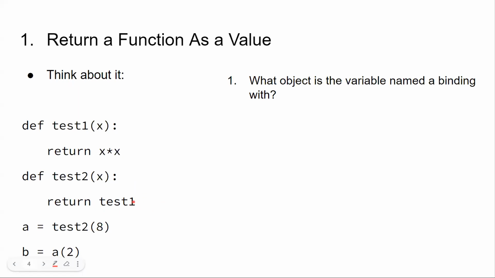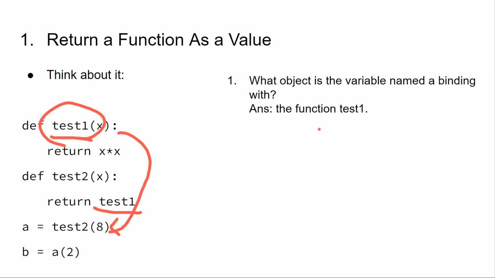Test1 is a function name in this code. So that means I return this function, treat the function as a value, and bind this value to the variable a. Which means a is the function test1.